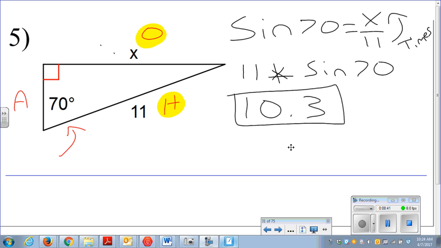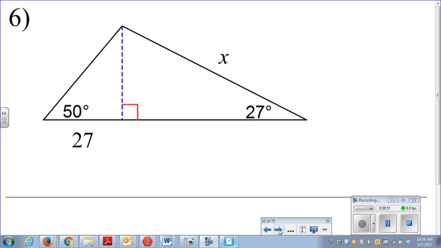Let's take a look at some multi-step problems where you go through your steps for solving a right triangle twice. All right, so on number 6 here, notice we have really 3 triangles, but the 2 triangles inside the bigger triangle are both right triangles.